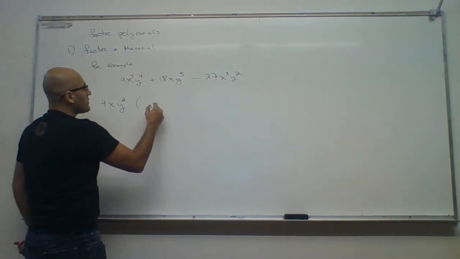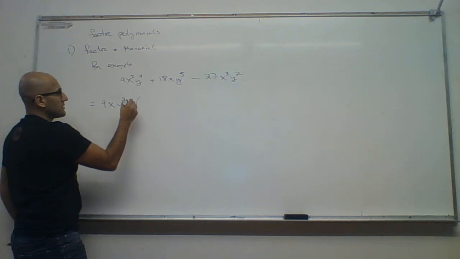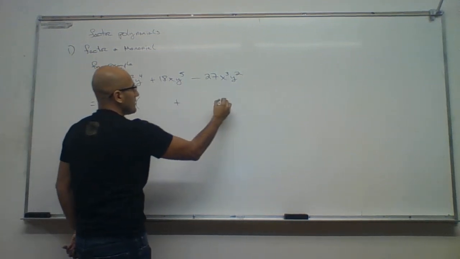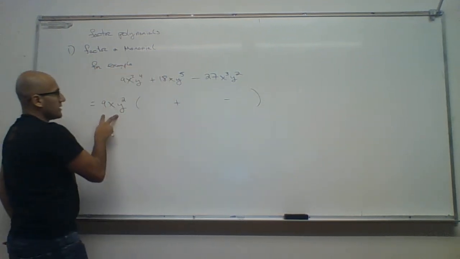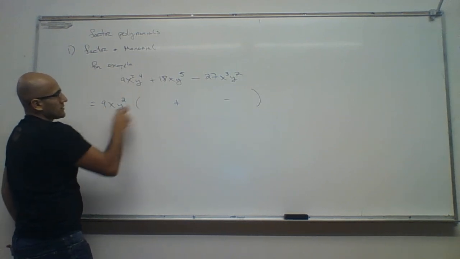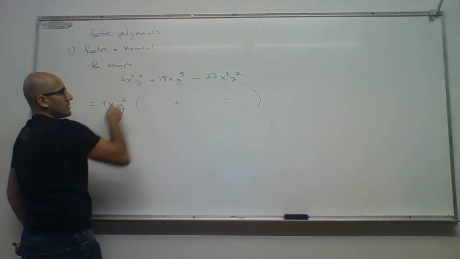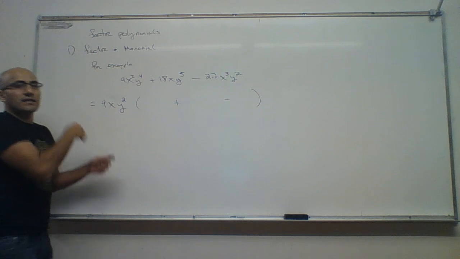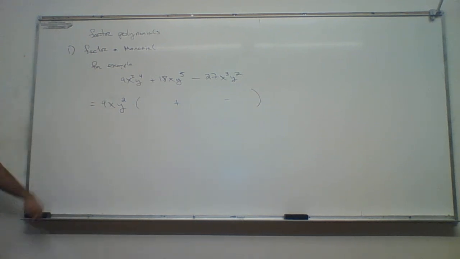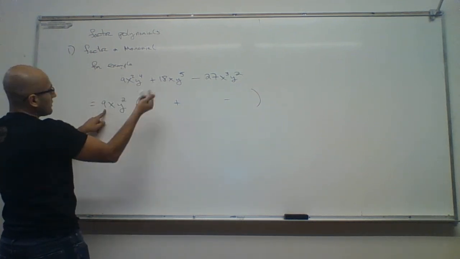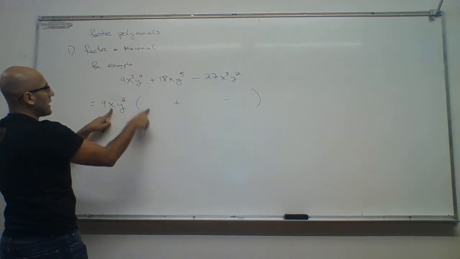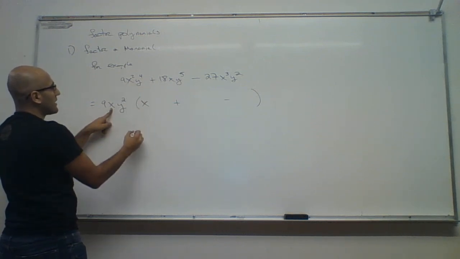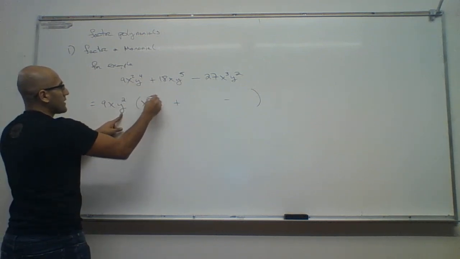Now I'm going to rewrite this as this times something like this, where this times this is the first term, this times the middle one is the middle term, and this times the last one is the last term. It's kind of like the reverse of distribution. Blank times 9 is 9, so that's just going to be 1. Then x times blank is x squared, so that's an extra x, y squared.